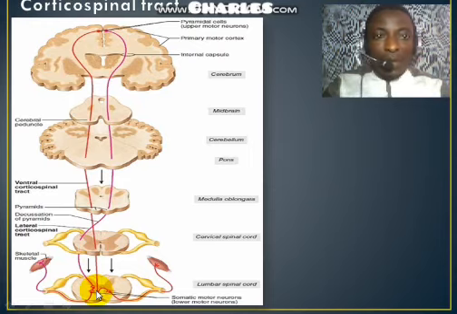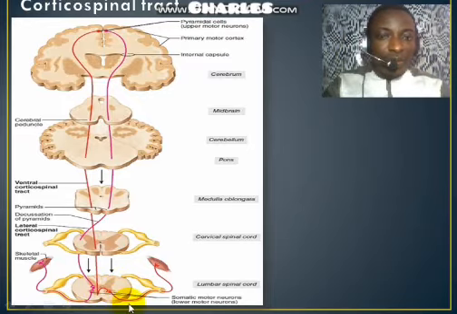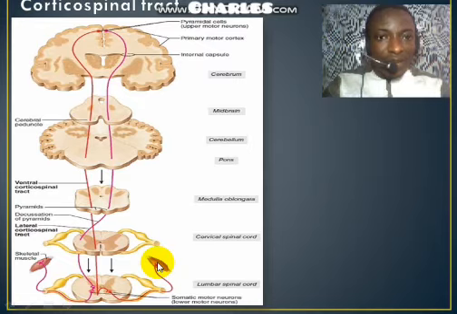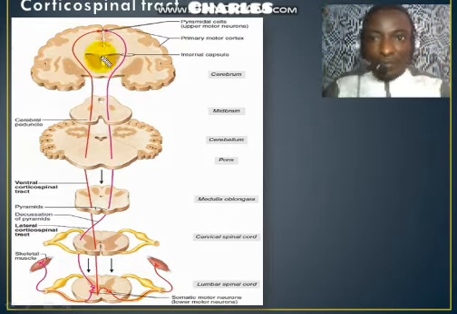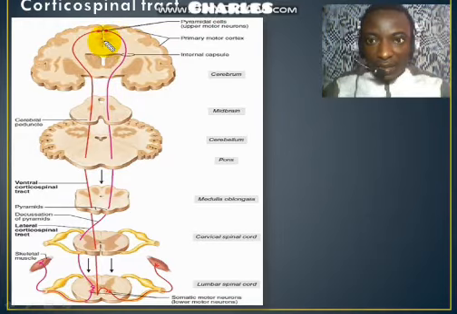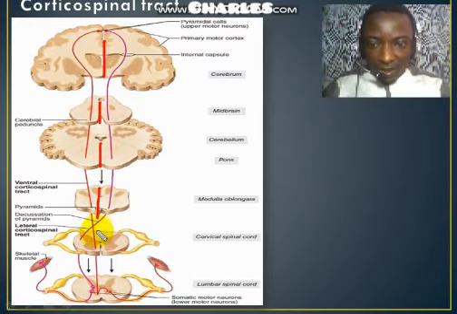Now, when it gets to the spinal cord, the decussation occurs. So it crosses the midline to the opposite side of the cord and then terminates at the effector organ, which is the muscle. Remember, we have our midline here. The midline is here. Our midline is very important. We know this.